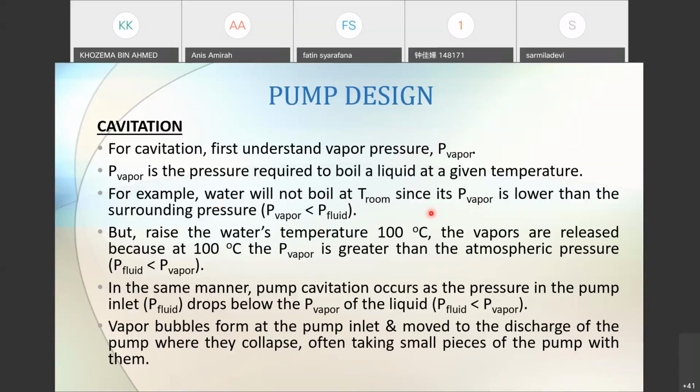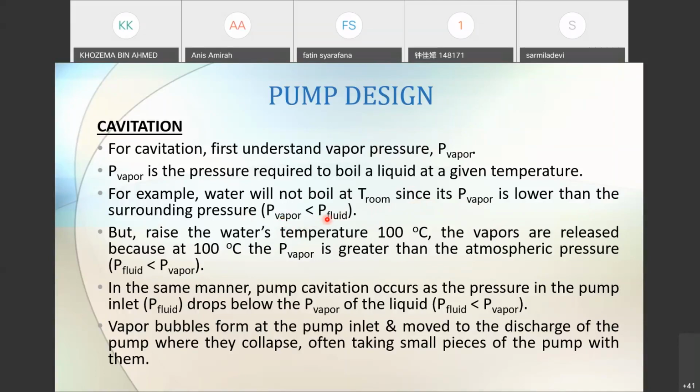It's going to be a value. But at 30 degrees Celsius, you'll also have the surrounding pressure, which is the pressure of the fluid, the pressure of the water. So at 30 degrees Celsius, the vapor pressure is below your fluid pressure.